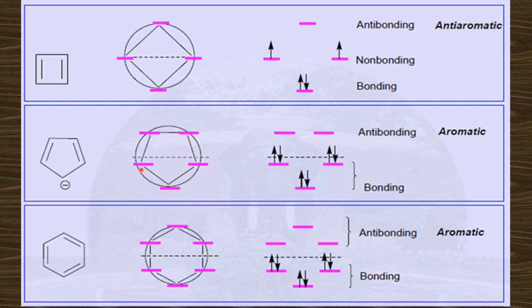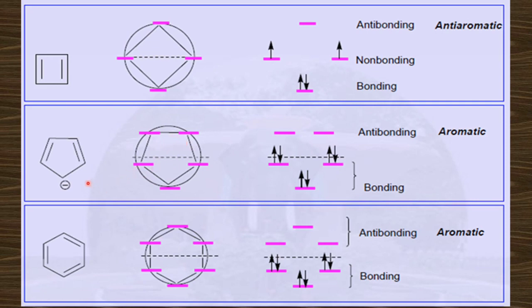So when you go from bottom to top, the energy increases. Now you have to bisect the circle horizontally into 2 equal halves. All the molecular orbitals which are lying below the line are called bonding pi molecular orbitals. Those which are lying above are called anti-bonding pi molecular orbitals.